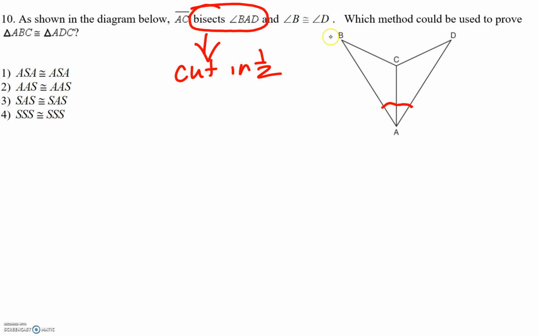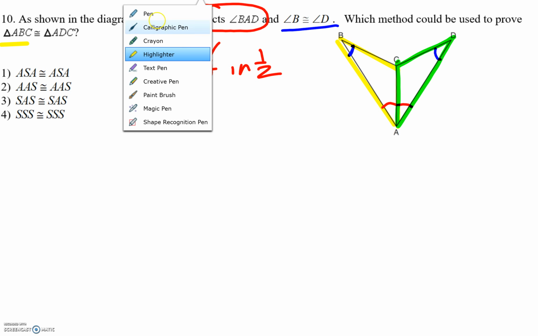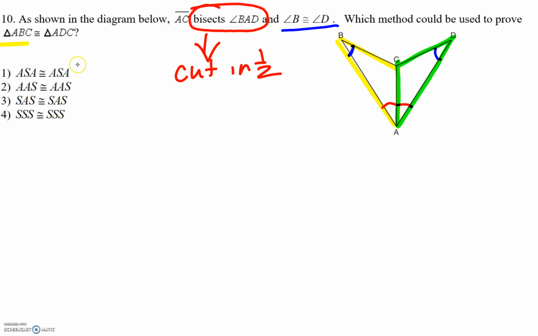The next thing that we know is angle B is congruent to angle D, and we want to figure out which method could be used to prove triangle ABC is congruent to triangle ADC. So after I highlighted my two triangles, you guys should notice that there was an overlapping of a yellow highlighter and a green highlighter right here.